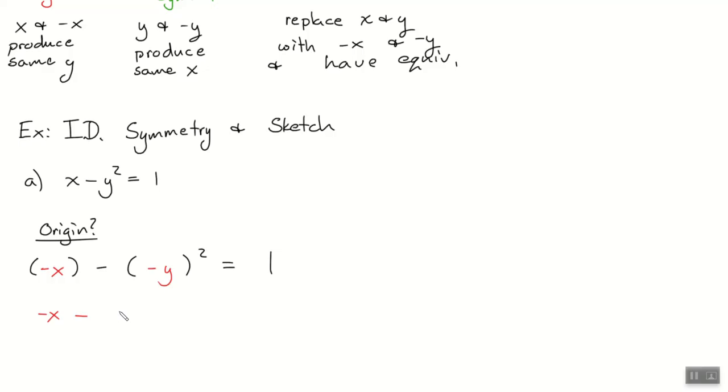Everybody okay with that? Resist the urge. You may be tempted to write plus here, but PEMDAS says the exponents happen first. So I know that that's going to be a y squared equals 1. Is this exactly what we have here? No, we have a minus y squared, but we have a negative x. That's not the same. We can conclude, therefore, no. There's no origin symmetry. We're seeing if it's the exact same.